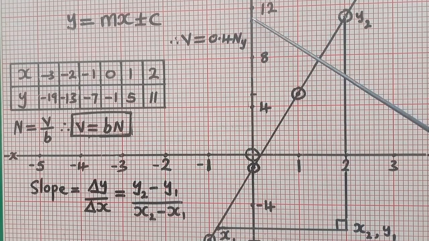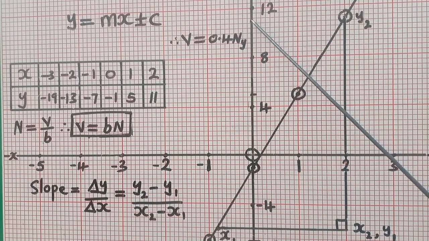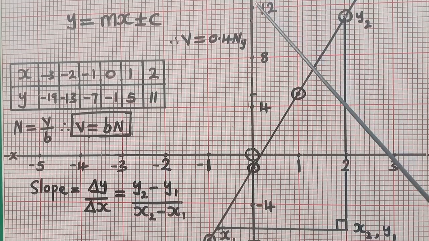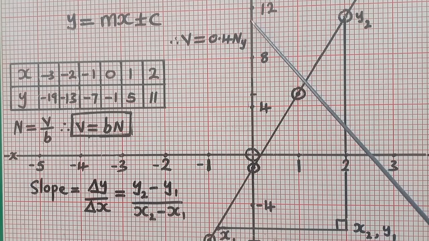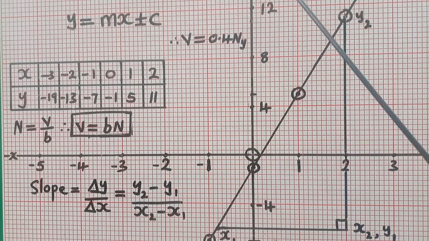What then is the value of y at this point? To get the value of y2 at this position, we know that this point is marked as 12, but this position is not marked at all, yet it has a value. What then is its value? To get its value, let's go back to the formula for locating tabular values on the axis. The formula is n is equal to v over b.